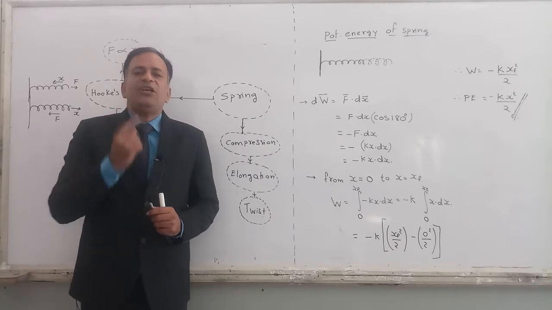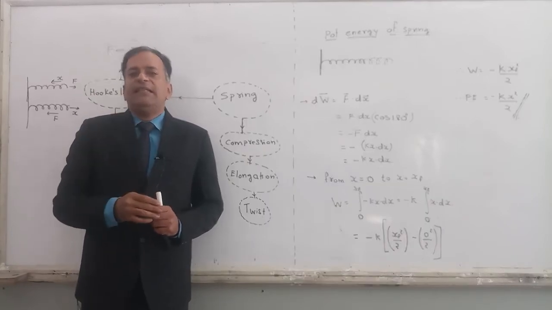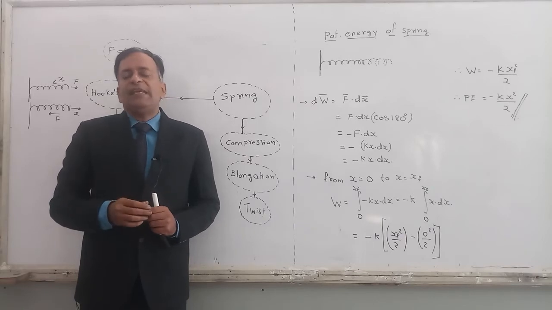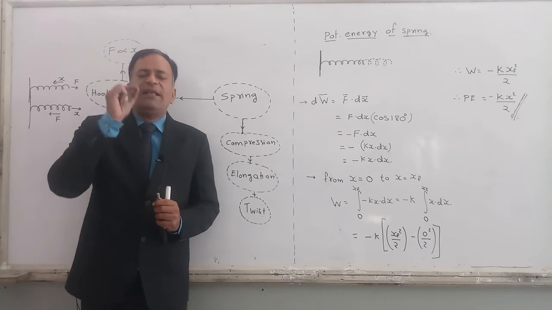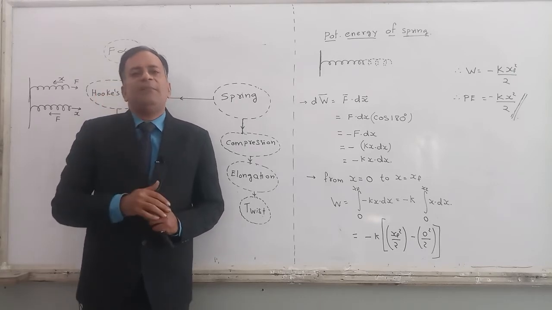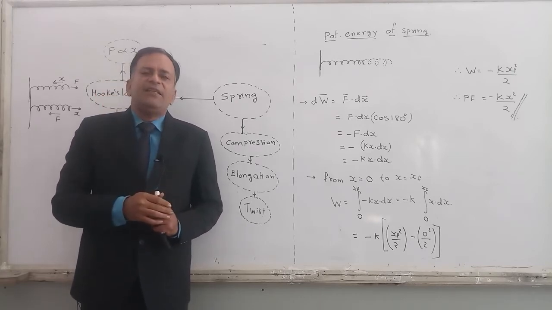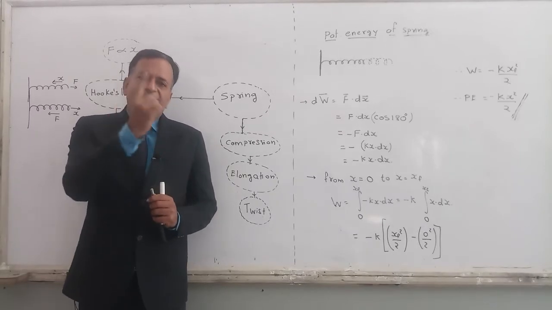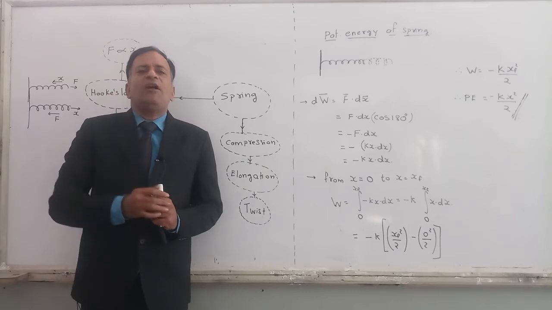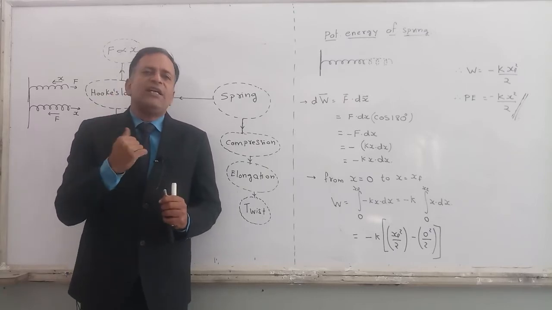You have seen it, it is helical in shape, and it is very thick. Then come to the spring that you see in the shock absorbers of a car. Same type of spring, a little thinner, and its force constant is less. Then compare it with the springs that you have seen in the shock absorbers of a two-wheeler. Same type of spring, but it becomes a little thinner still. That means the force constant has decreased further.